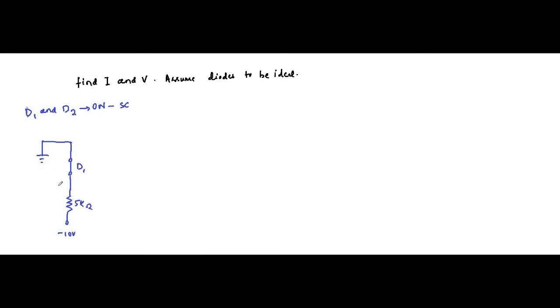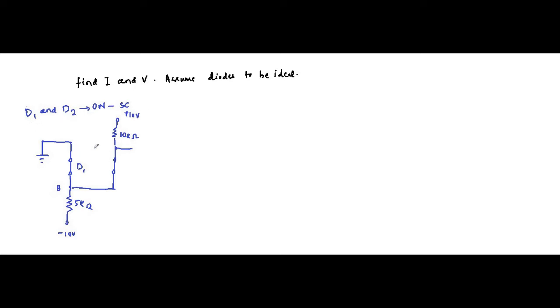This is point B. From here again diode D2, that is also short circuited, and from here we have a 10 kilo ohm resistor, and here it is plus 10 volt.